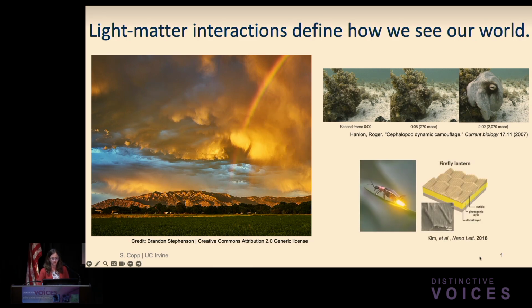Now, here's another organism that does this that we don't have in Southern California much, but some of you may have had the privilege of catching fireflies. And so you may know that these bugs will glow because they have a biochemical reaction that occurs in their abdomen. What you may not know, and what I didn't know until somewhat recently, is that these bugs are also harnessing nanophotonics.